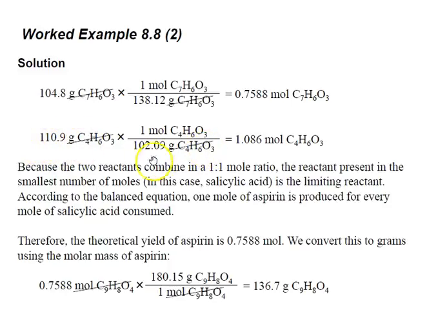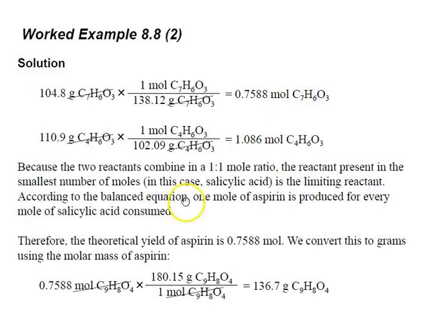Here's our molecular weight. Mass cancels, and that leaves us with moles. And from the equation, because the two reactants combine in a 1-to-1 mole ratio, the reactant present in the smallest number of moles, in this case the top one, so it's 0.7588 versus 1.086, is going to be the limiting reagent, and that is the salicylic acid.